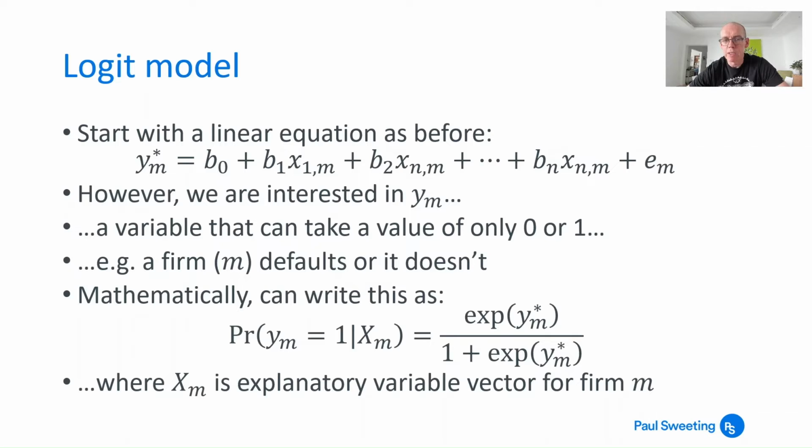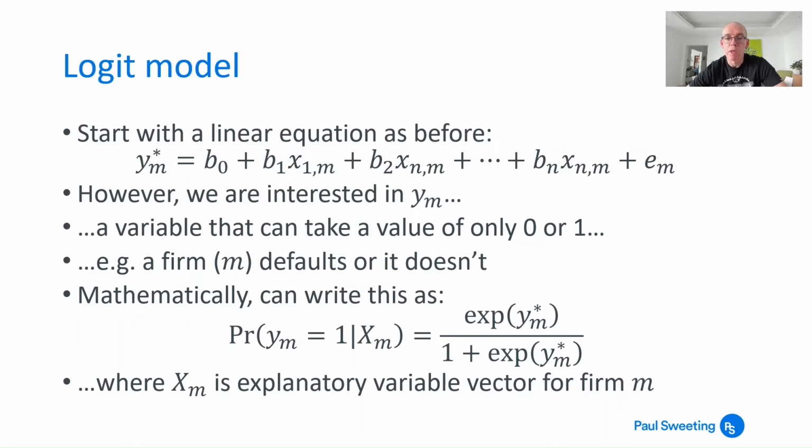So the way that we deal with this in a Logit model is we look at the probability that ym is equal to 1 given the matrix xm, and we define that as the exponential of y star m over 1 plus the exponential of y star m. When we're looking at this expression, think about what happens when e to the y star m is very small. When it's very small, you get something which tends towards 0.